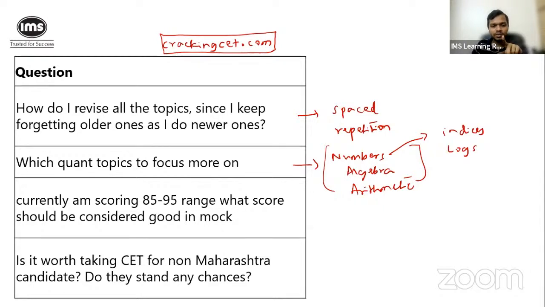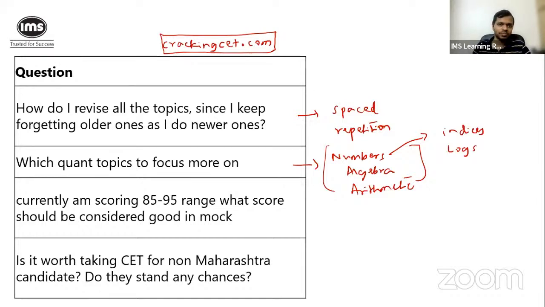So the table will tell you what score will give you what percentile roughly in an actual CET. See, what happens is when you take a sim CET or say mock of anybody, right? There are a whole lot of players in the market. I'm sure there are students of other institutes who are attending this session.